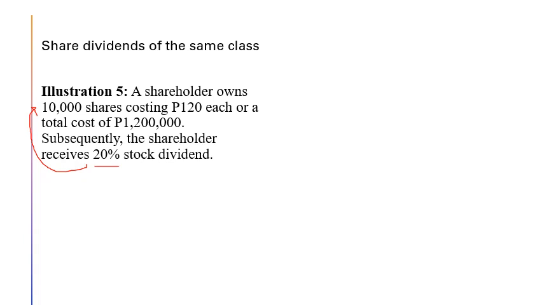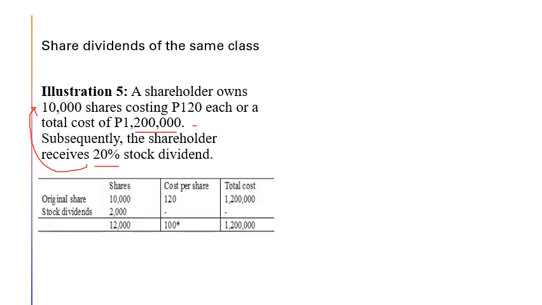What happens in a share dividend is that you only increase the number of shares, pero yung total pa rin na value nung lahat ng shares before and after is the same. It's still 1,200,000. So how is this accounted for? The original shares is 10,000. Total cost is 1,200,000, and then you have the stock dividends of 2,000, which is 20% of 10,000.